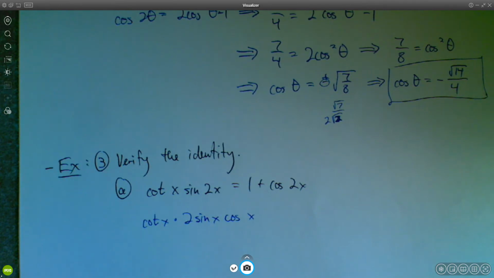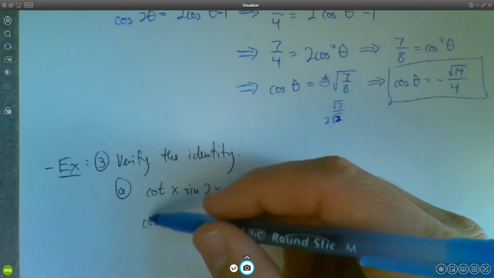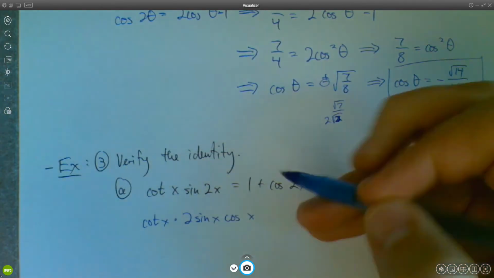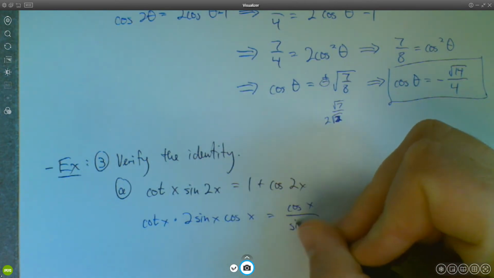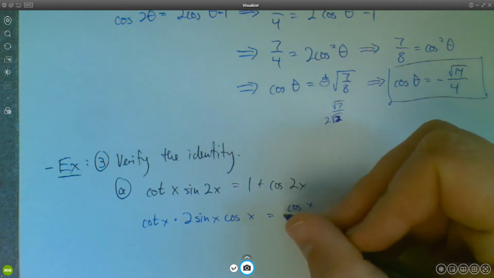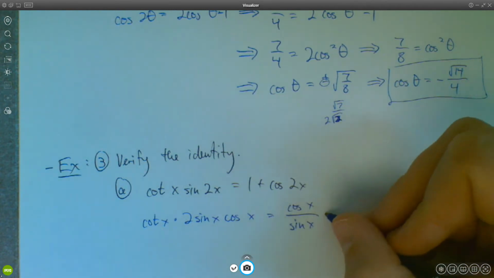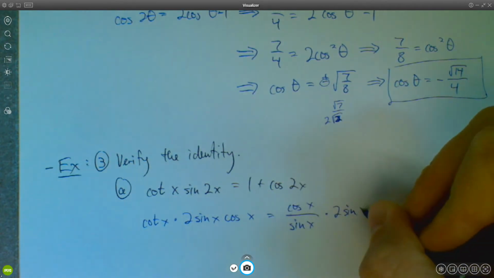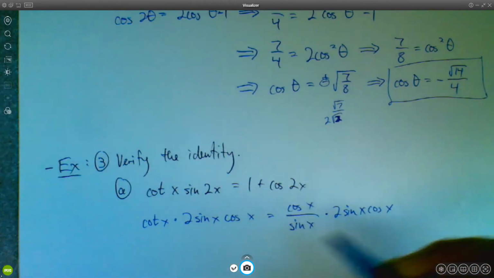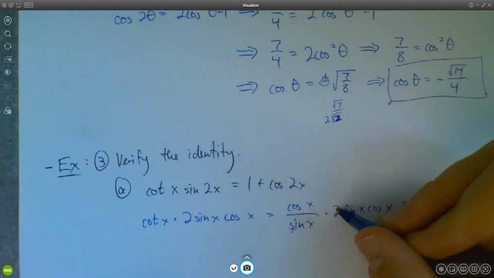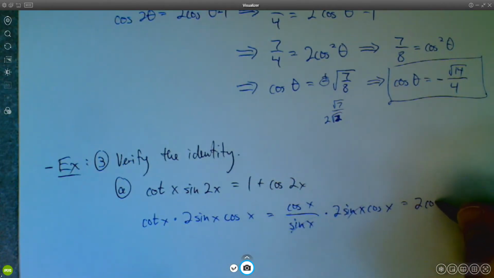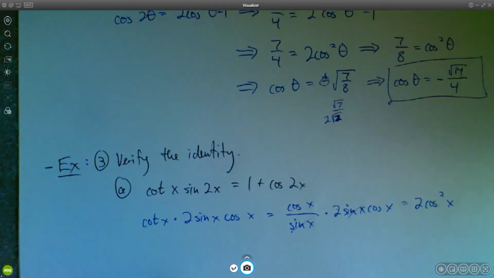And in fact, then I can change cotangent into cosine over sine. I'm going to simplify here in a second, because then I can cancel off a sine. And that's just going to give me 2 times cosine squared x.